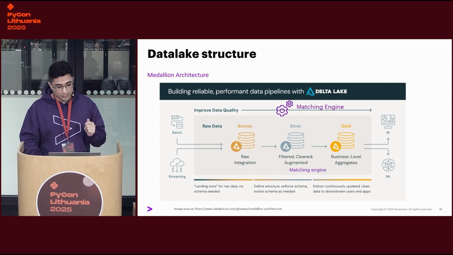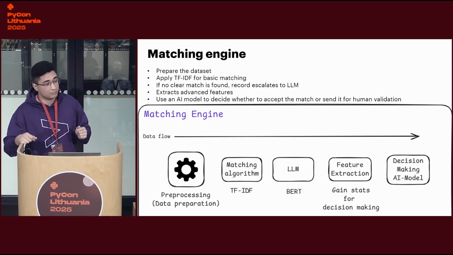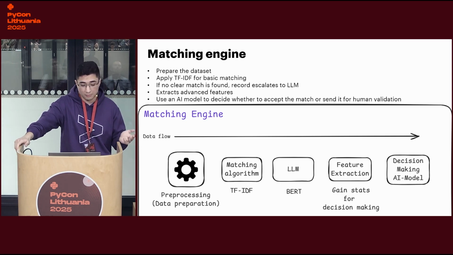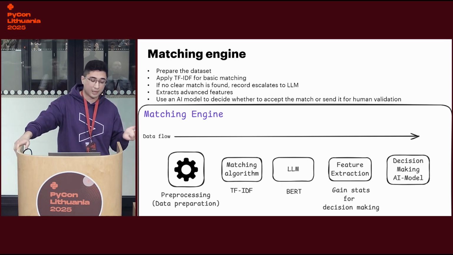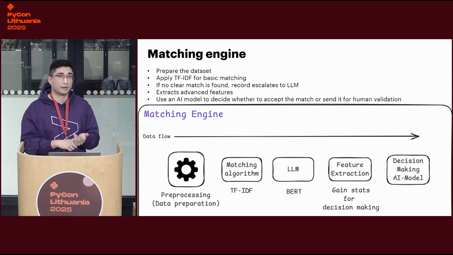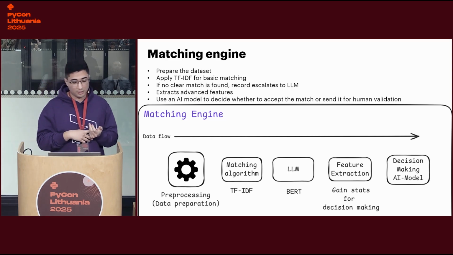So now to the interesting part, the machine matching engine. What is that? It consists of 5 steps: pre-processing, so clear the data and prepare it; then the matching engine, which is the matching algorithm. It's a first algorithm just to exclude all easy cases which can be matched.